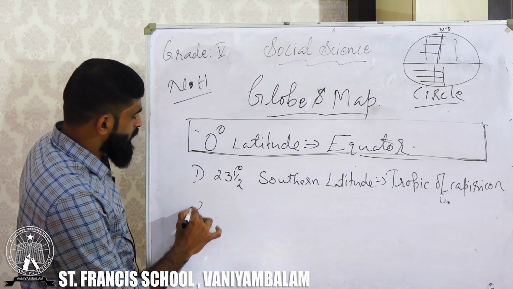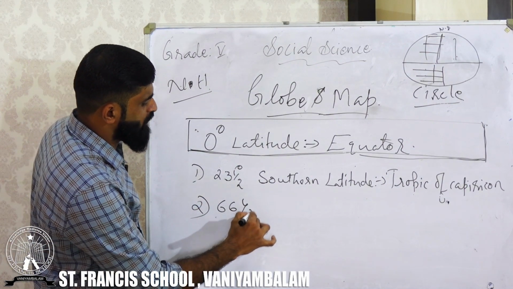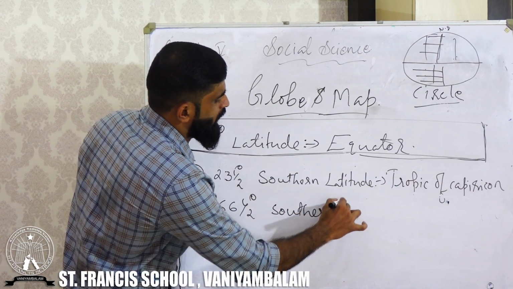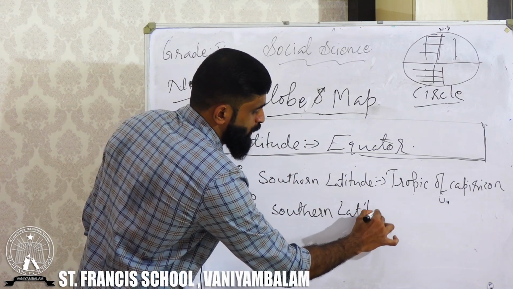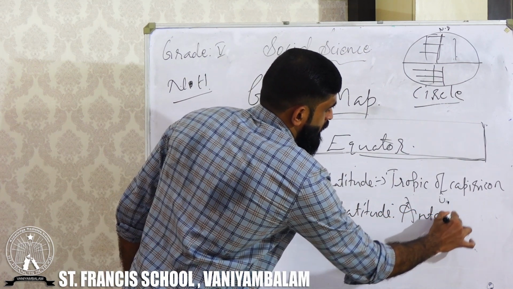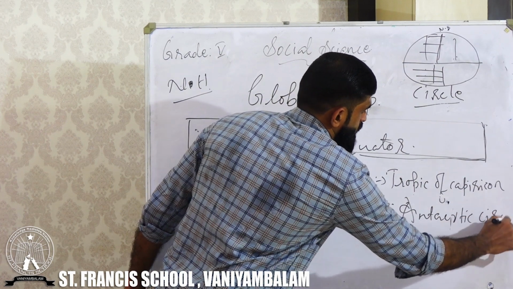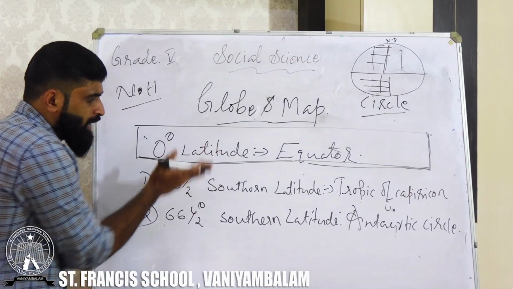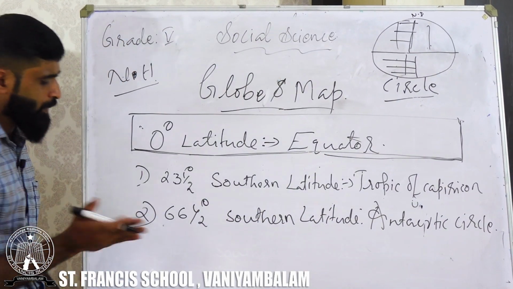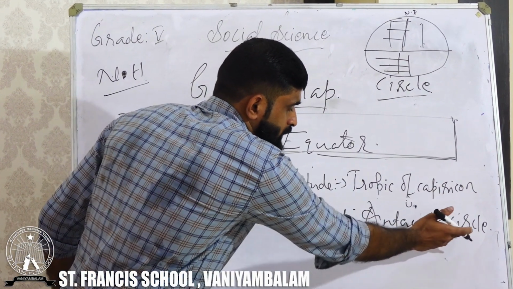The next important latitude in the Southern Hemisphere is 66.5 degree southern latitude, which is called Antarctic Circle. So in the Southern Hemisphere, the first one, 23.5 degree, is called Tropic of Capricorn, and 66.5 southern latitude is called Antarctic Circle.